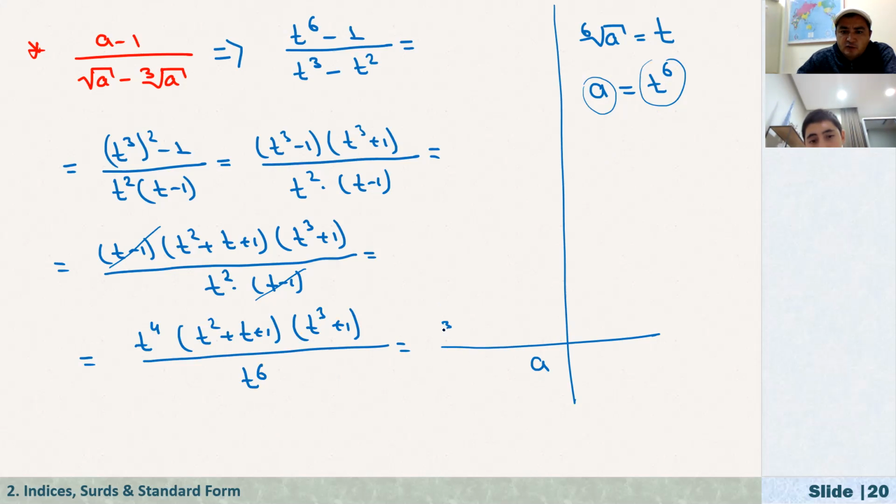It is cubic root of a squared, right? Yes. And here we have t squared. That cubic root is of a 4th root of a plus t, 6th root of a plus 1, and t cubed, that is square root of a plus 1.